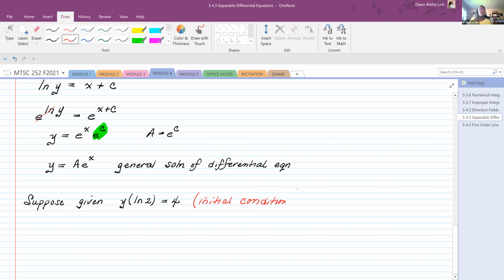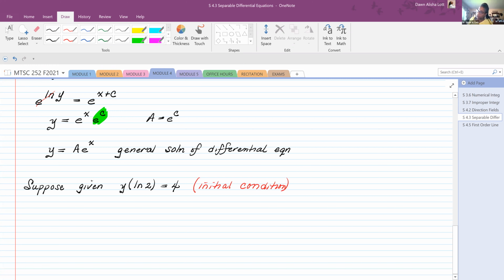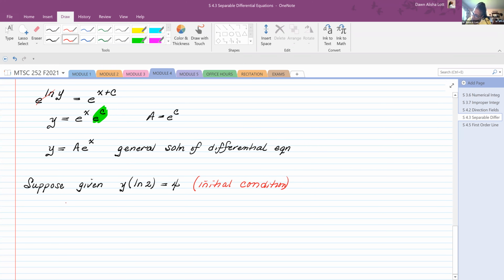If you're given an initial condition, you must solve for any constants. So now I have y. I can see when x is equal to the natural log of 2, y is equal to 4.